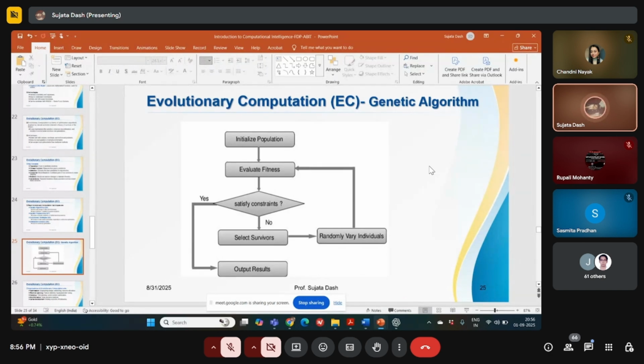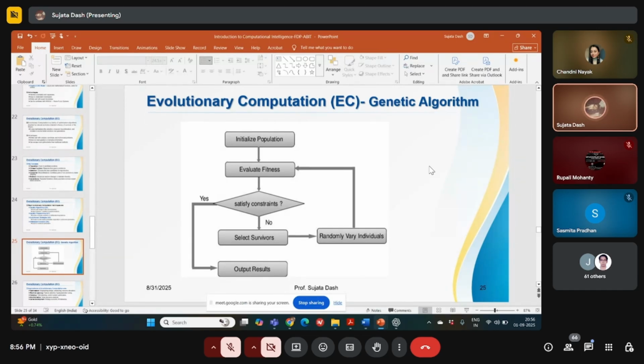Now you come to the loop back. The new population is again evaluated and the cycle repeats from step 2 to step 5. Over the generations, the population evolves with better solutions emerging.